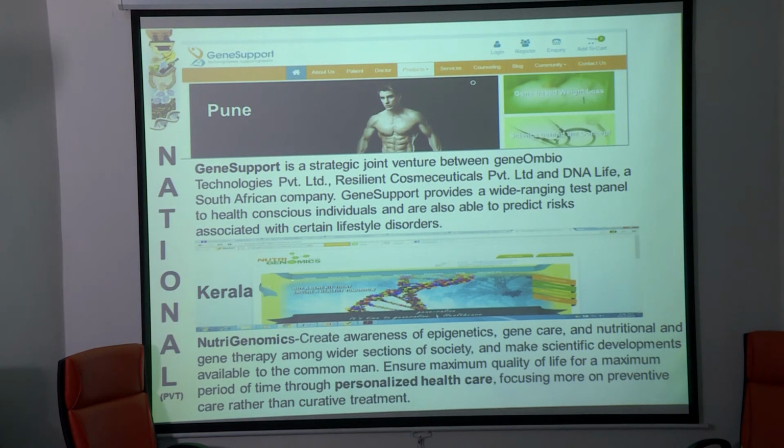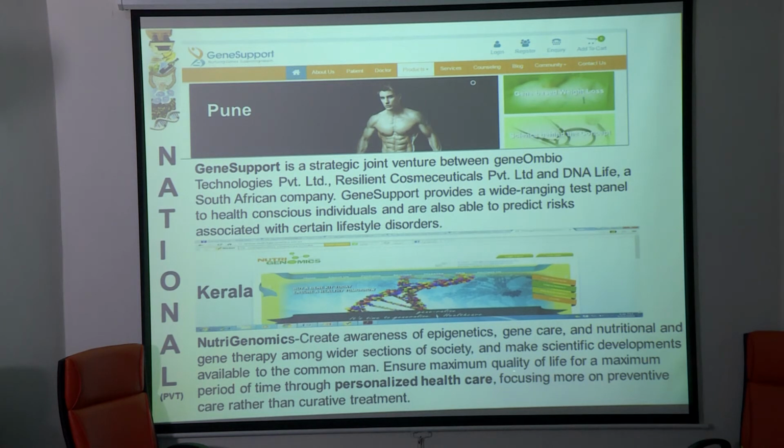Then in Kerala, there's a Nutrigenomics center which creates awareness of epigenetics, gene care, and nutritional and gene therapy among the wider sections of society, those who are highly aware about nutrition and its impact on health. And they make scientific developments available to the common man, those who are more aware and educated.